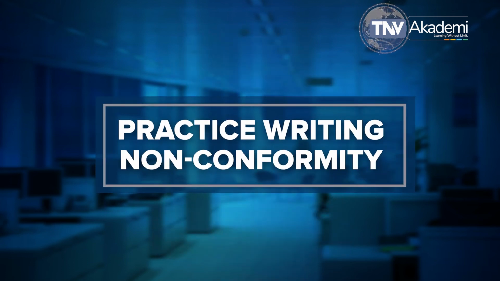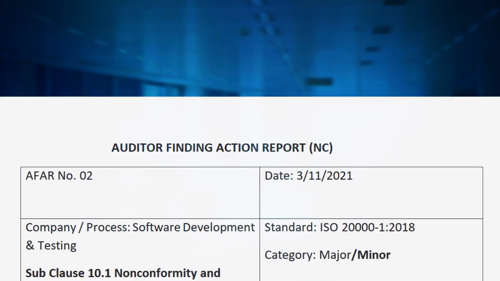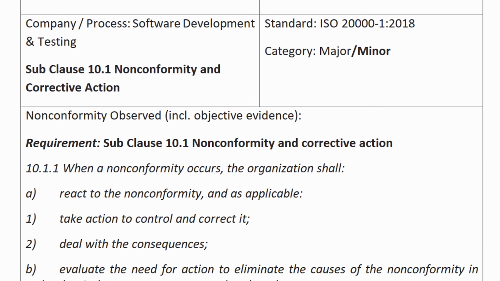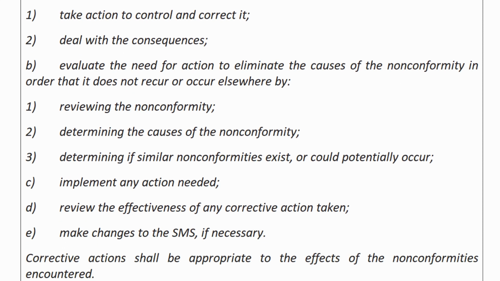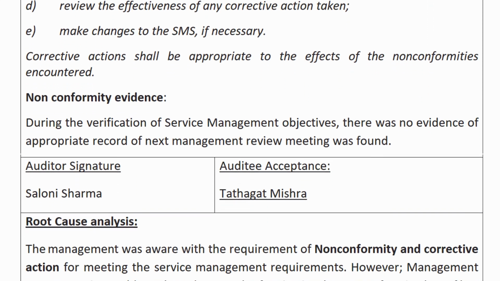Now, coming to the non-conformity. Please see a sample Auditor Finding Action Report (NC) on screen for an idea about writing non-conformities under this clause. Please go through this and try to understand the various components of this non-conformance report on your own.